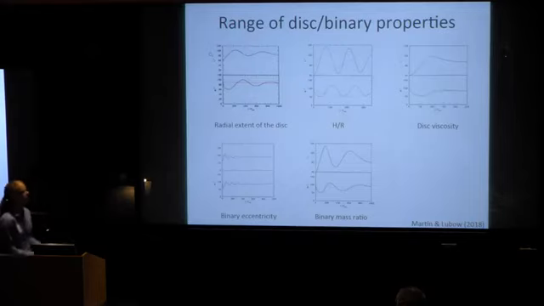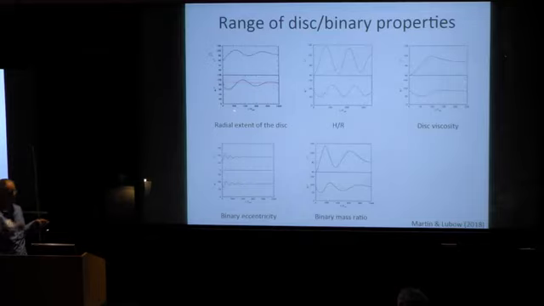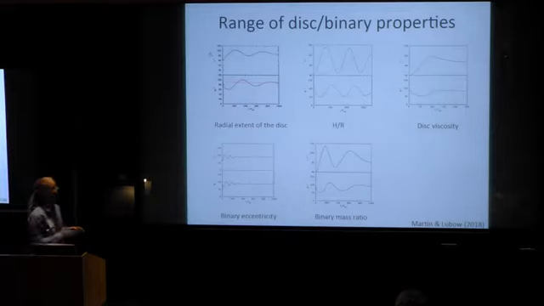We explored a wide range of disk and binary parameters, so the radial extent of the disk. If we increase the size, the process still occurs. If we increase it sufficiently, the disk will no longer be in good communication, and this can lead to disk breaking.